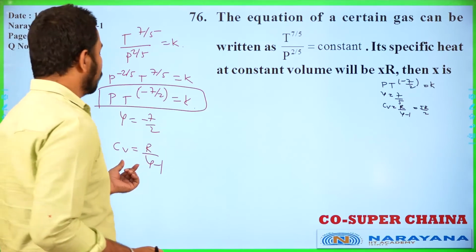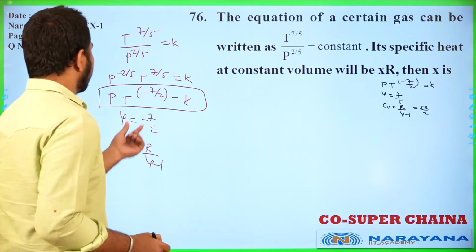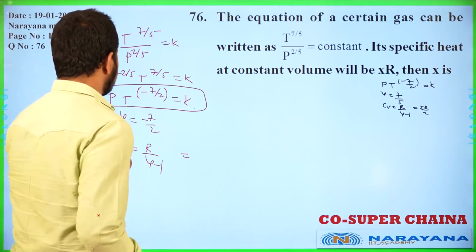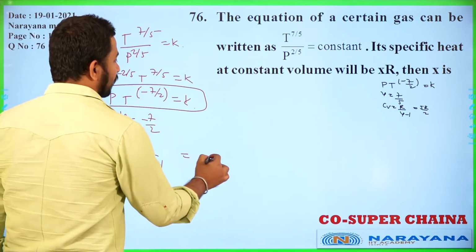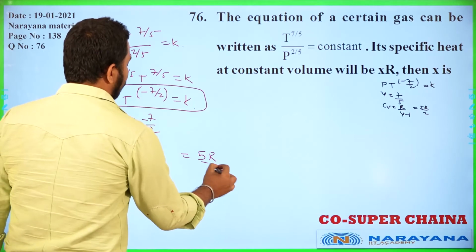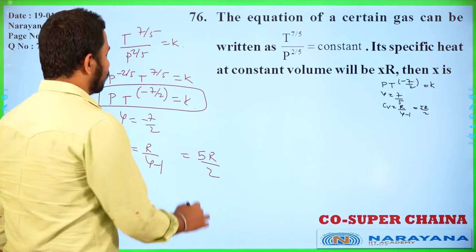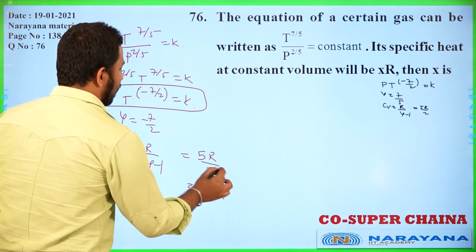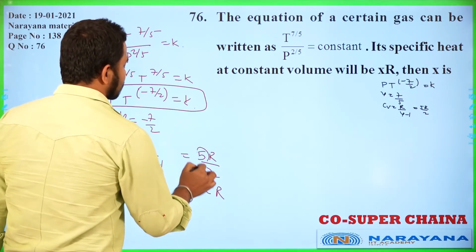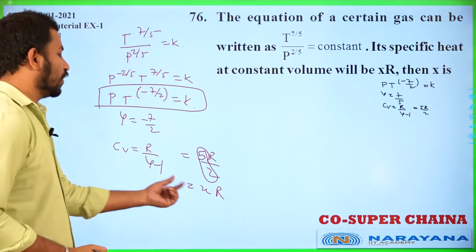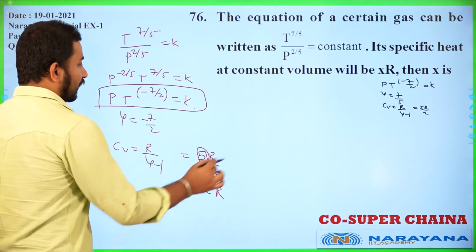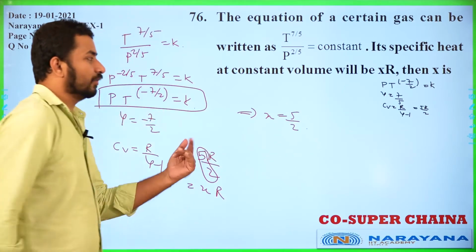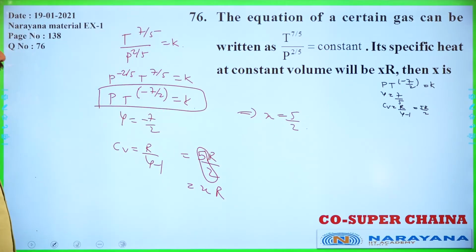So if you substitute this value of gamma in this equation, we can get the Cv value. Cv value is coming to be 5R by 2. So here you have to equate this with XR. What is X here? X will be 5 by 2. So hence X is 5 by 2 for this question. Okay. So let's proceed to the next one now.